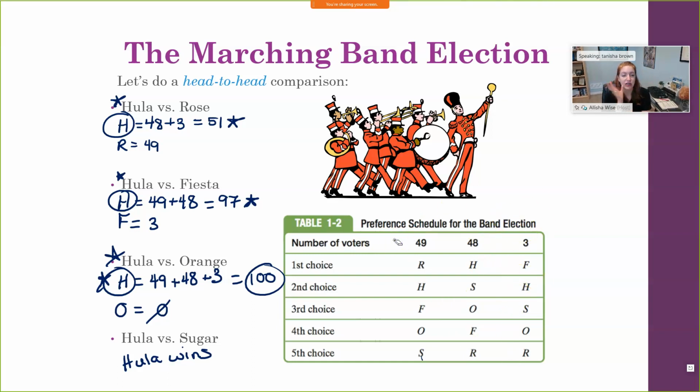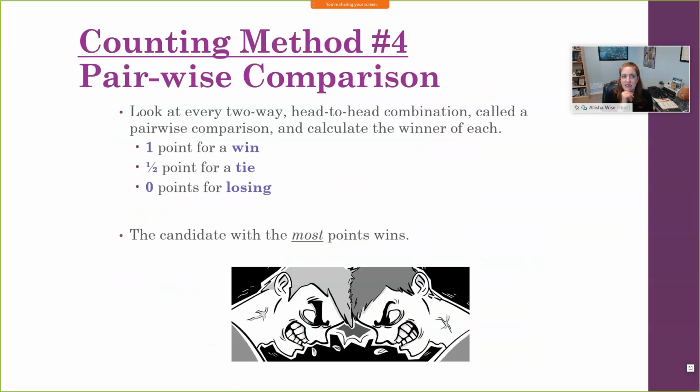Hula's higher than sugar in every single row, so they would get all 100 points. So when we look at this, it's really asking the question, should we go to rows, when in most situations, hula would be the winner if you had to choose just between the two of them. So it's interesting to think about, maybe rows, even though they won the plurality vote, is that where everybody's going to be happy to go to? Maybe hula would make everyone happy, right? So something to think about.